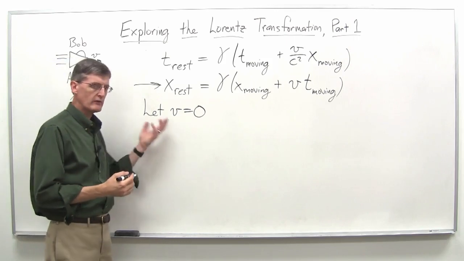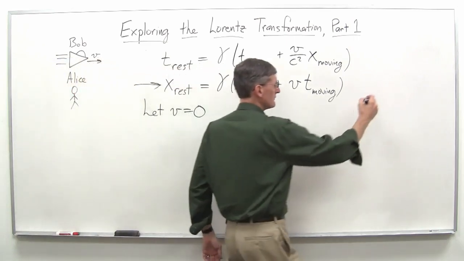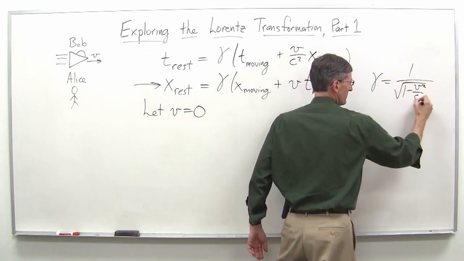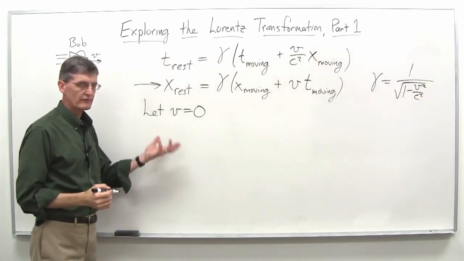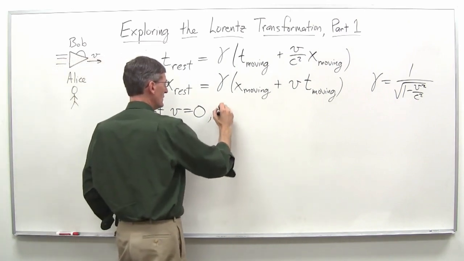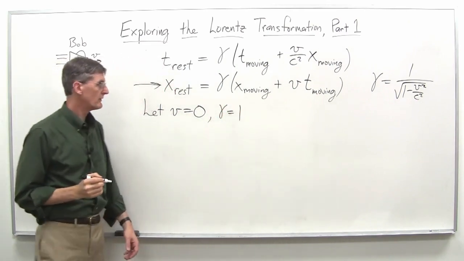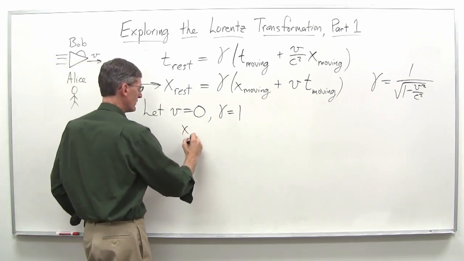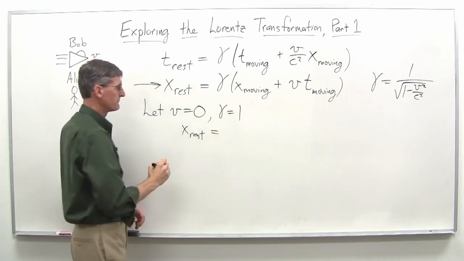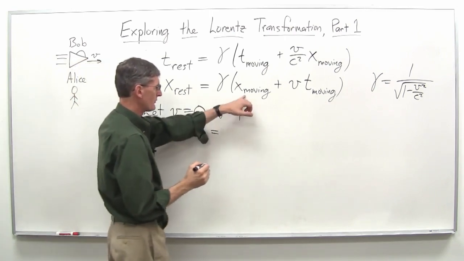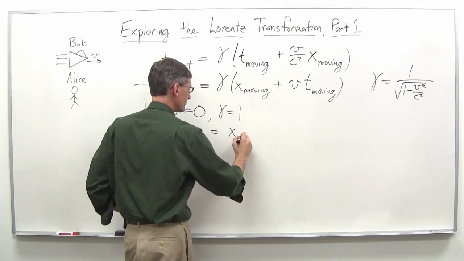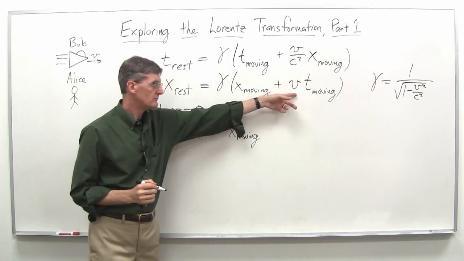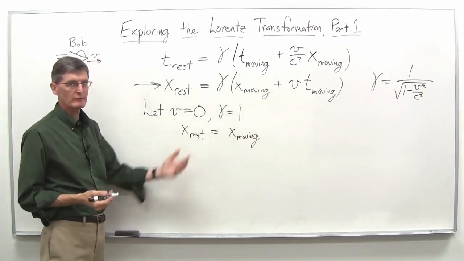Well, we know if the velocity is 0, then gamma, to remind ourselves, is 1 over the square root of 1 minus v squared over c squared. So if velocity is 0, gamma is 1. So what does this equation become? We get x rest, Alice's perspective, gamma is 1 here, equals x moving, and v is 0, so this is 0 as well. So we just get x rest equals x moving.